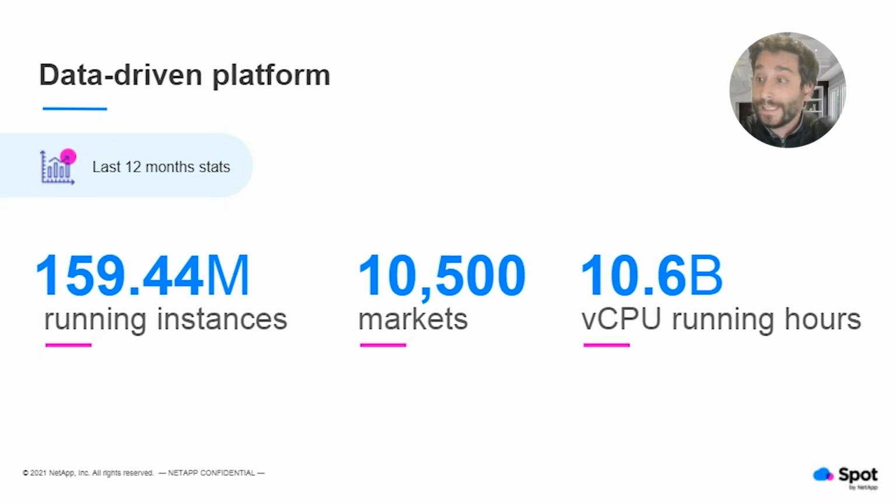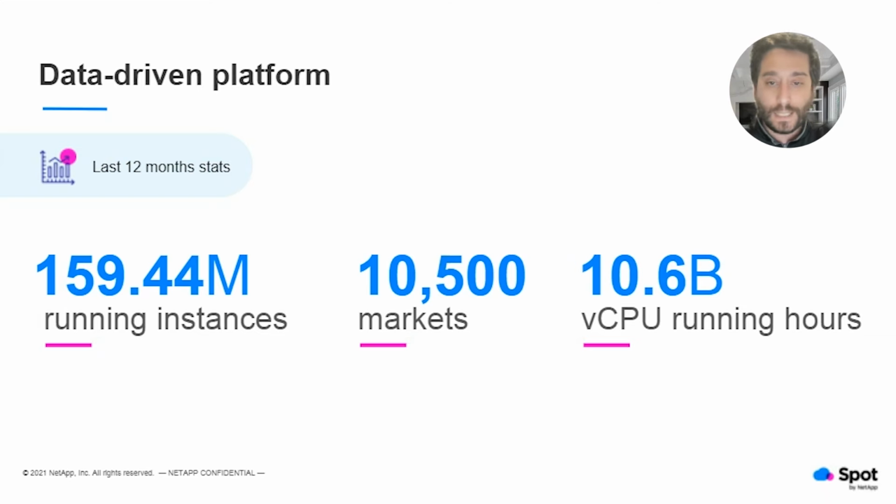This is a data set from only the last 12 months, but if we are talking about 5 to 6 years, we're talking about a much bigger data set that provides us the ability to learn a lot from it and to take the next steps based on it.